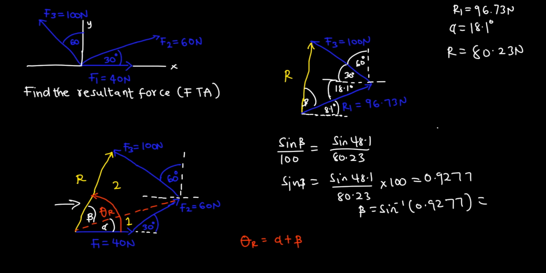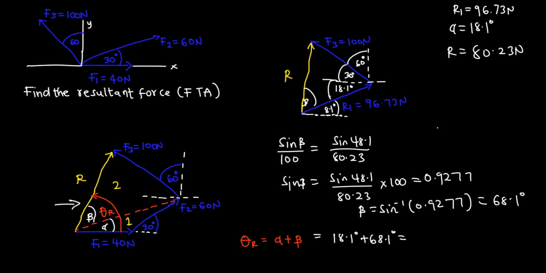So we will take sine inverse of 0.9277, that gives us an angle of 68.1 degrees. So we know alpha to be 18.1. So let's do the substitution here. We're going to have 18.1 degrees plus 68.1 degrees.